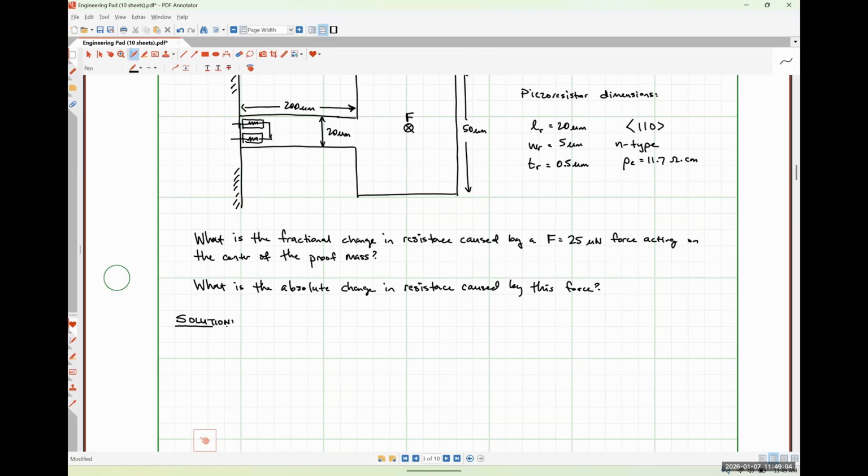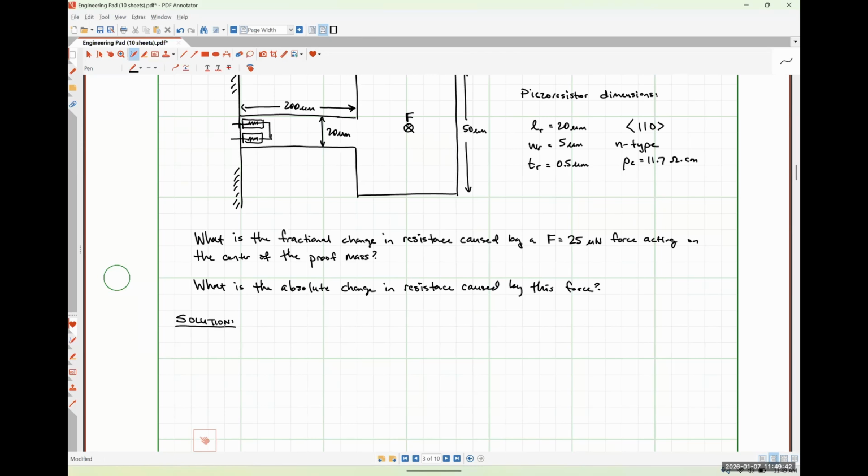So in this particular example, the piezo resistors are integrated at the anchor point. Anybody think about why we might have chosen to do that? Everything else is suspended, probably over some sort of substrate. But if you go back and look at your notes for cantilever beam deflection, where does maximum stress occur?